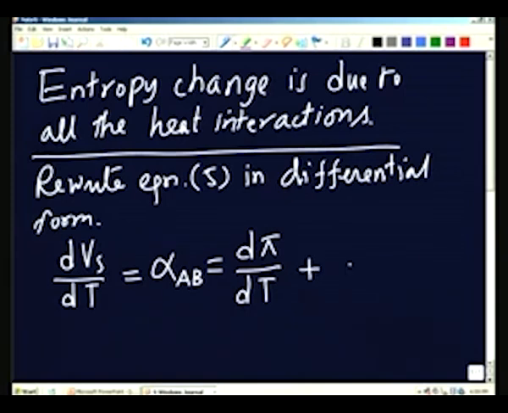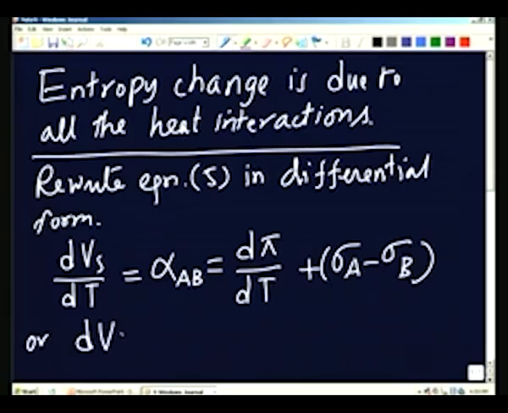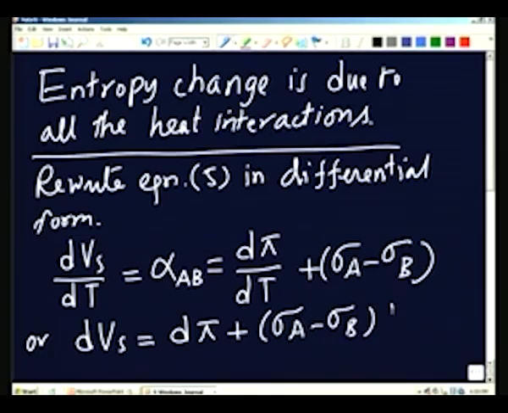When you differentiate with respect to t, it becomes simply sigma A minus sigma B, or dVs is equal to d pi plus sigma A minus sigma B into dt. I think this is equation 8.